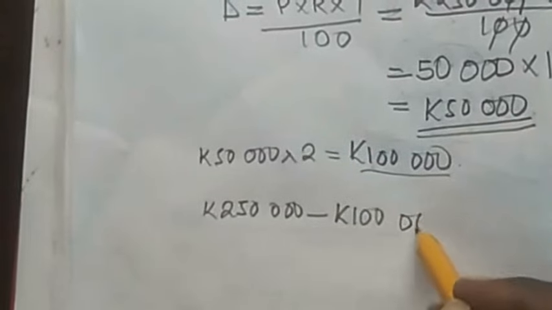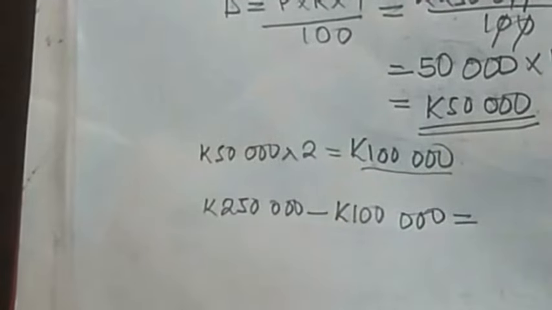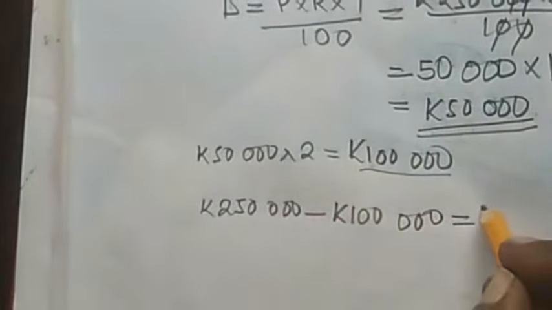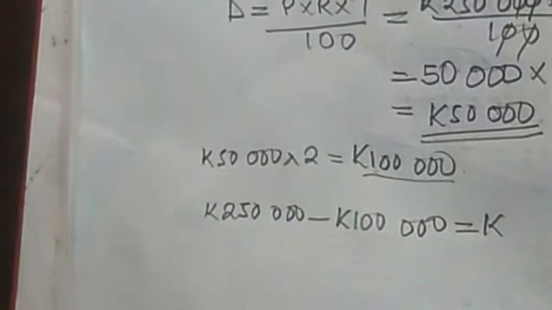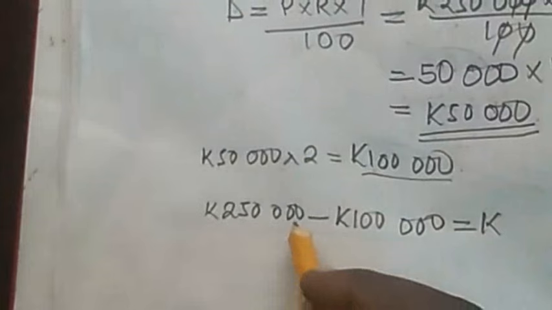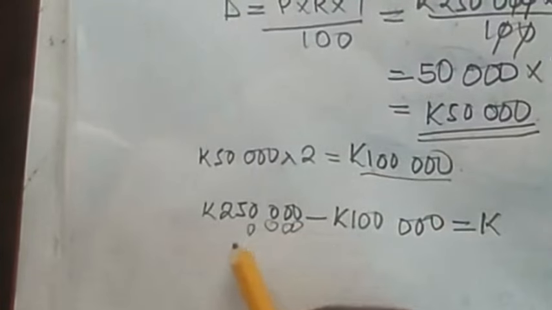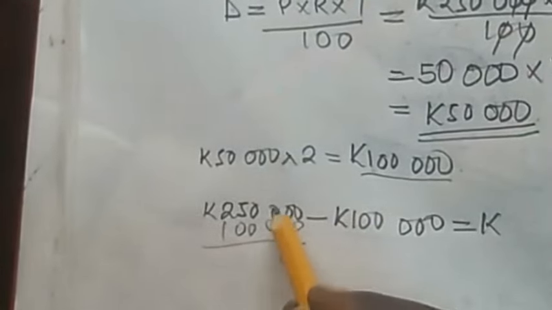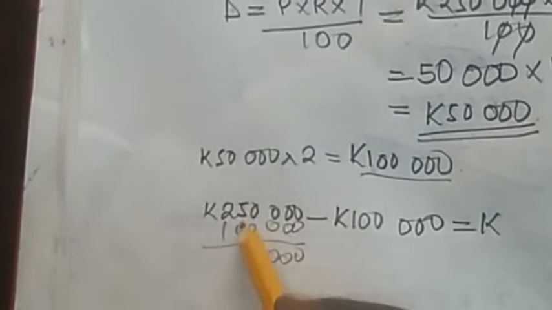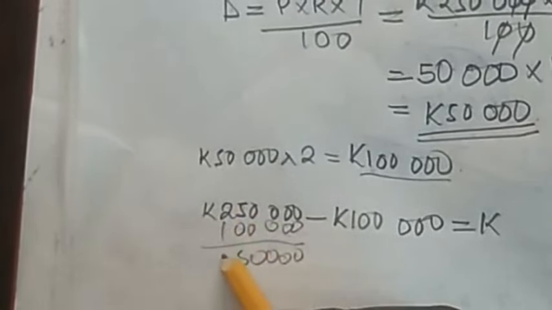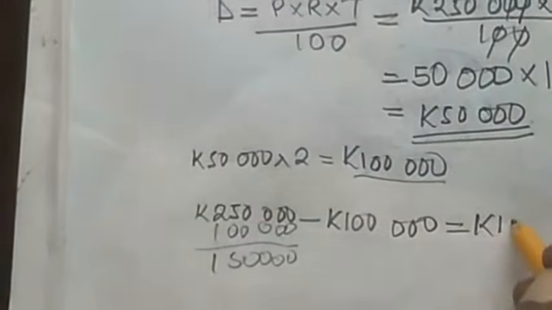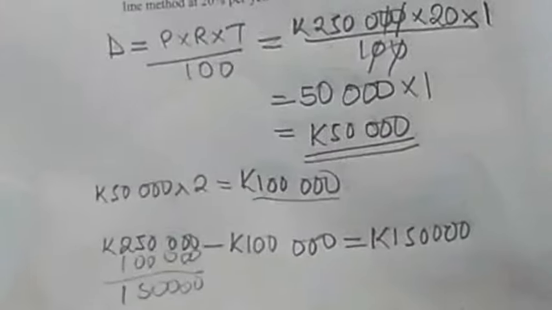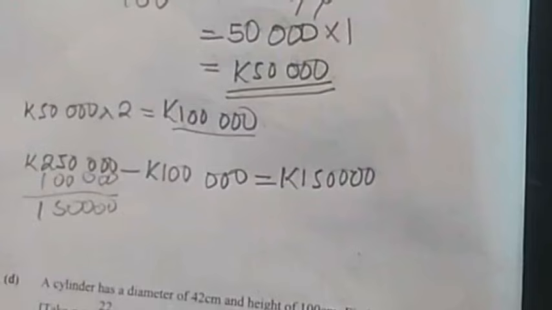So minus 100,000. When we subtract, if we put 100,000 here like this, this will be 0, this is 0, this is 0, this is 0, then 5, then 2 minus 1 will be 1, so it will be 150,000 kwacha.